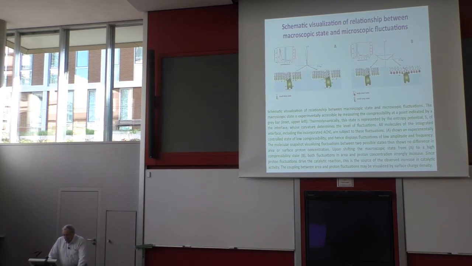And this is a kind of schematic explanation of why this is: near the compressibility maximum, you have a very variable modulation of states, fluctuations, and it's these fluctuations which indirectly accelerate acetylcholinesterase activity in the enzyme in the monolayer.